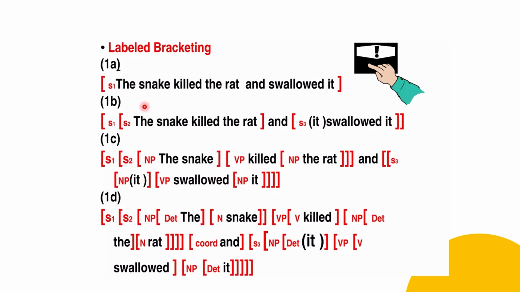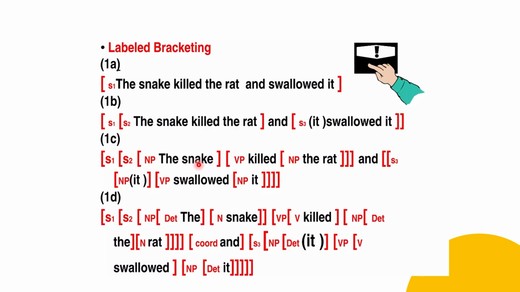And then we are supposed to label all these things. All these brackets are supposed to be labeled. So first it's going to be S1, which is the sentence, and the next is the clause level. We are mentioning clause 1 as S2 and clause 2 as S3. In the next level, we are going to label the phrases as NP, which is noun phrase, and VP, which is verb phrase.